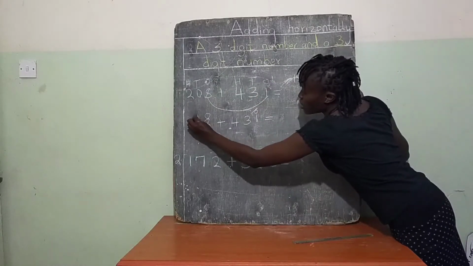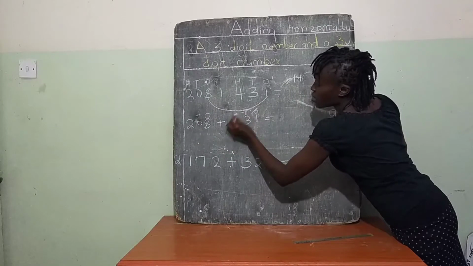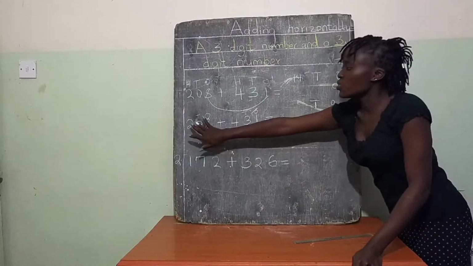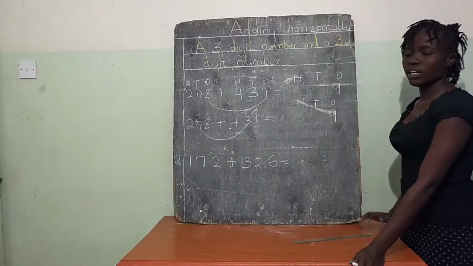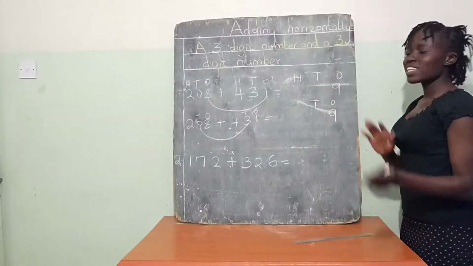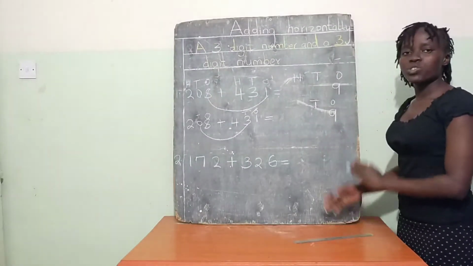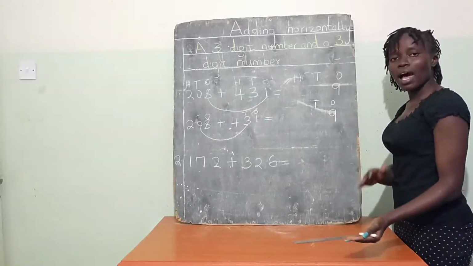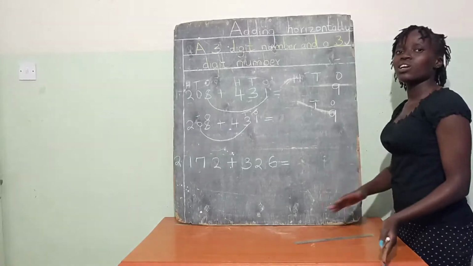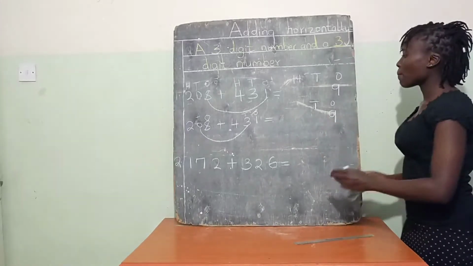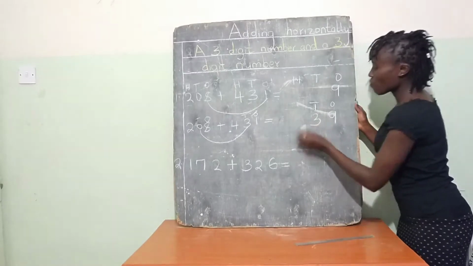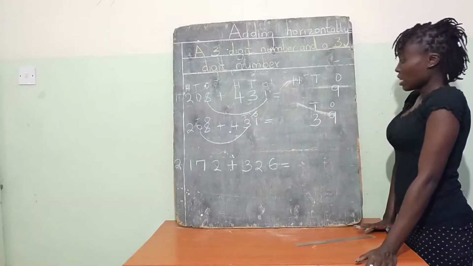So this is tens and tens. Then you do 0 plus 3. 0 plus 3 is 3. When you add a number with 0, the answer is the same number. Therefore the tens side is 3.